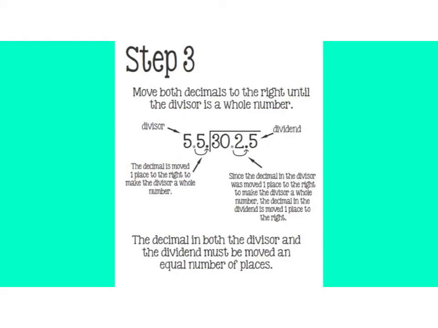So we move the decimal point over 1 space to the right to make our divisor a whole number. So we also have to move our decimal point 1 space to the right in our dividend. And then we will bring our decimal point straight up in our answer, or our quotient, before we start dividing.